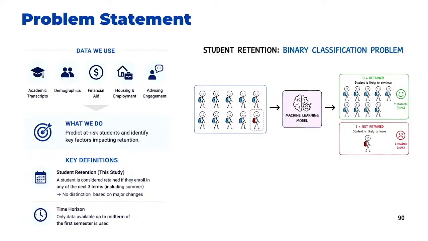We defined dropout as follows: a student is retained if they have an enrollment record at 3 semesters after their first term. And the time horizon was very early, so we limited our data up to the time when the midterm grades are posted. So the model can only see up to that time.